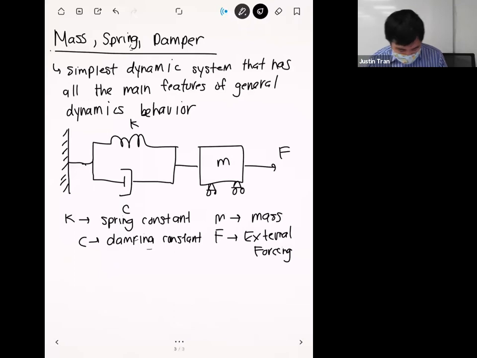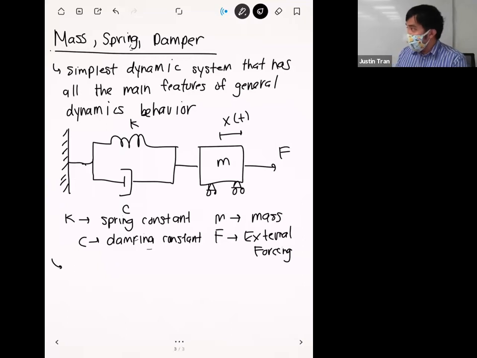All right. The nice thing about this particular system is that once you pull on it with the force F, or you can push it, then the position of the mass block is going to change with time. If we take the displacement of the mass block, we call that x of t, right?